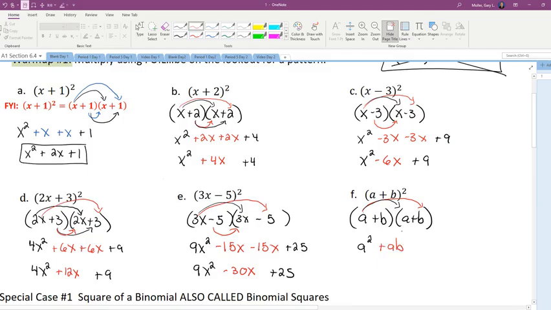I have b times an a, which alphabetically is ab. And then finally, I have b times b, which is b squared. Add them together, I get a squared, I get b squared at the end, and in the middle, ab plus ab is 2ab.